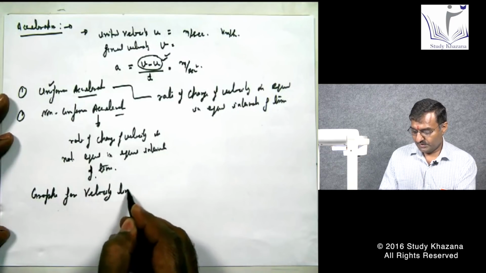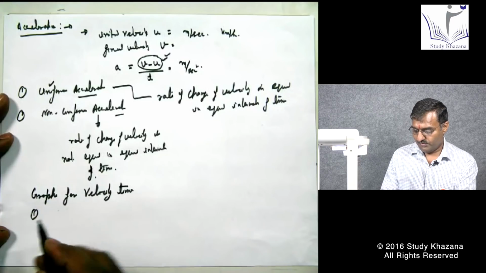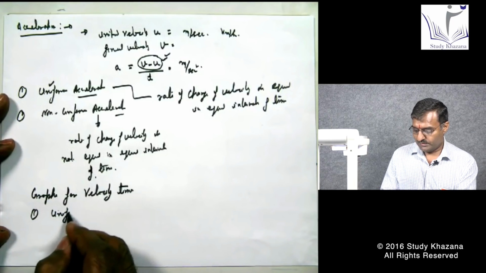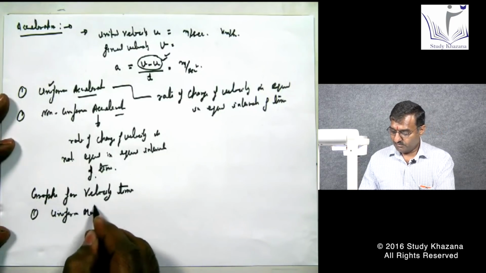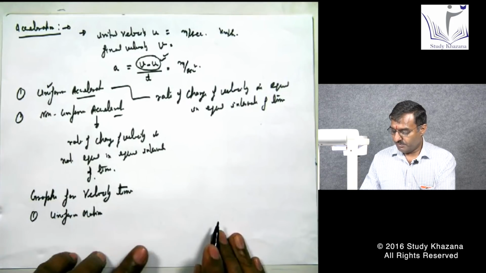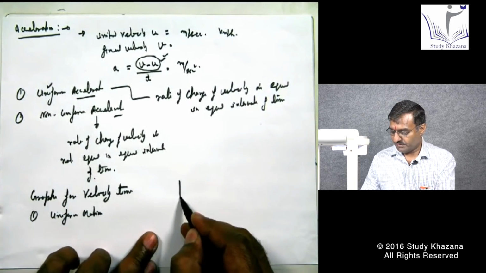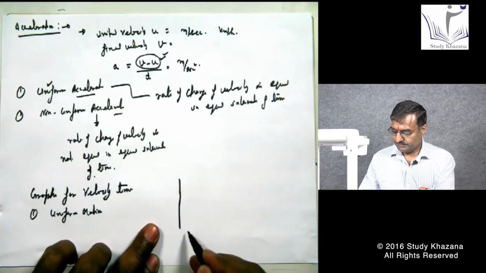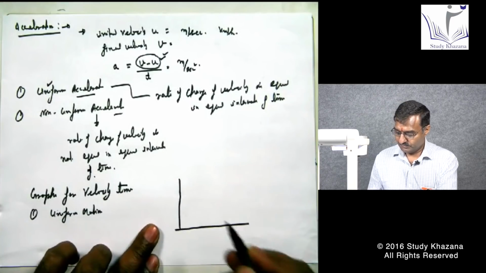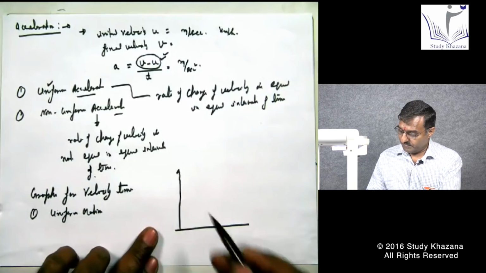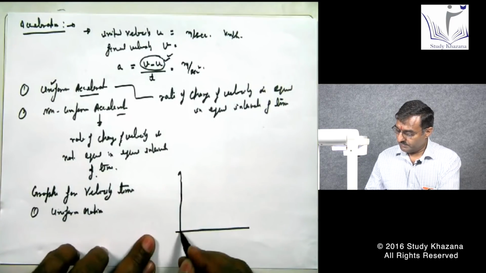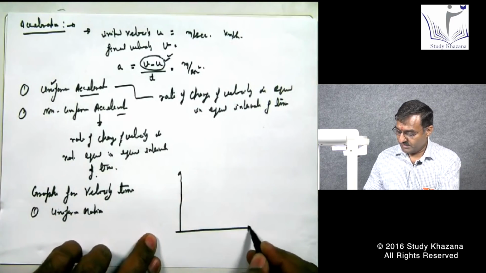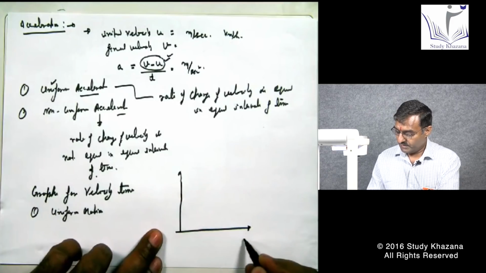First we consider uniform motion. What will the graph look like? The graph will be like this. Here I am considering the time, and here I am considering velocity.